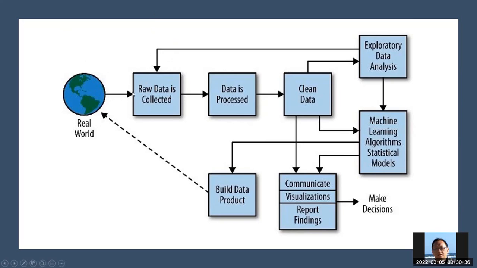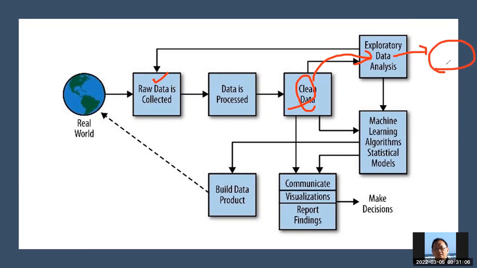So you have the raw world, you collect the raw data from there, you process the data, and then you clean your data, right? You clean the data because your original data may have errors, may have empty spaces, or may have something that some people typed in the wrong way. After you clean the data, you send it for data analysis, and you may store it in a database.